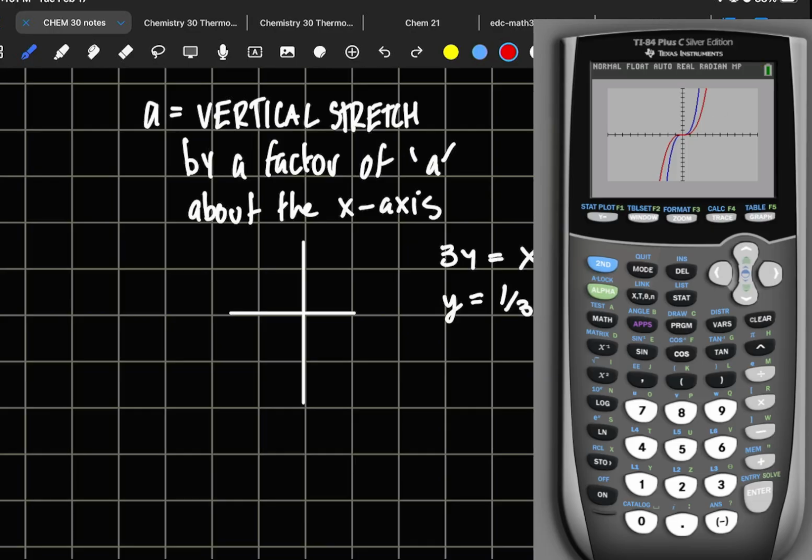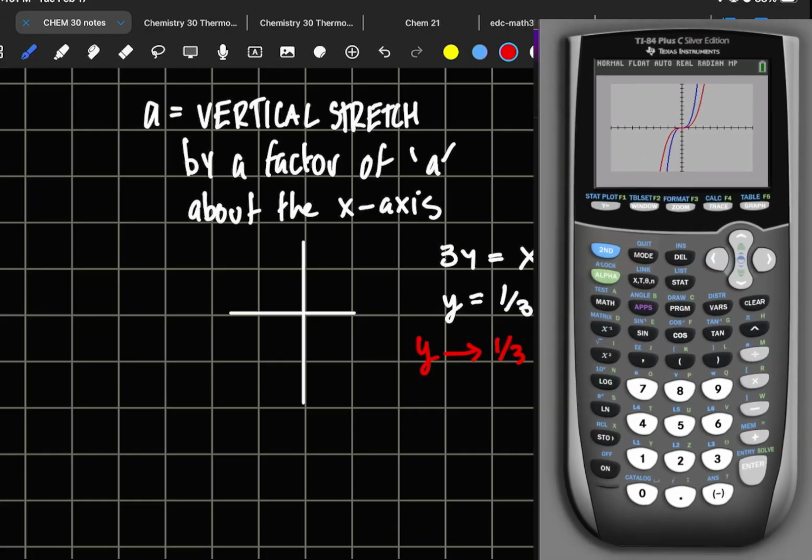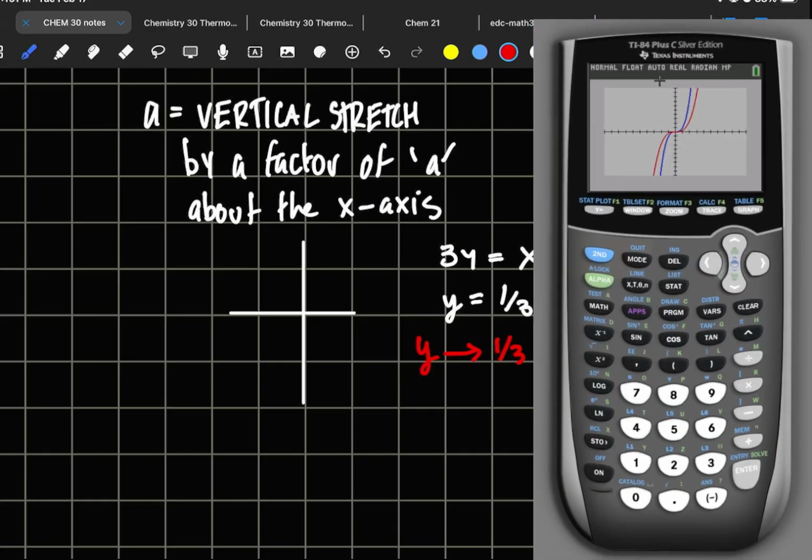It's stretched by a factor of 1 over 3, meaning that every y value is multiplied by 1/3. Some points stay the same, like our x-intercept where y is equal to 0, and if you multiply 0 by 1 over 3, that's not going to change anything.